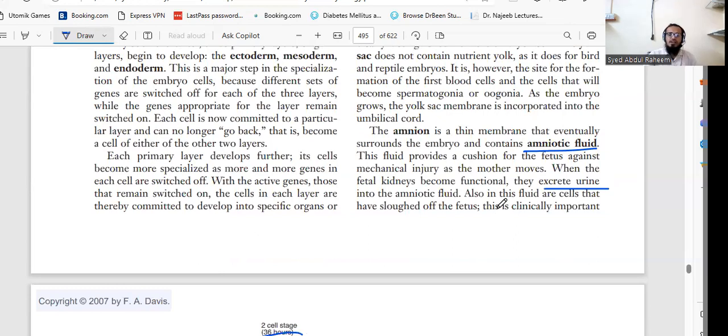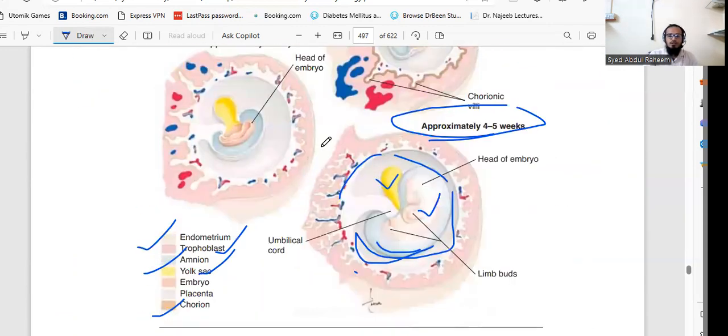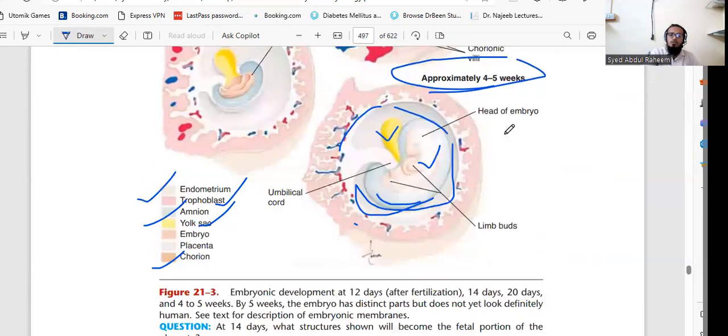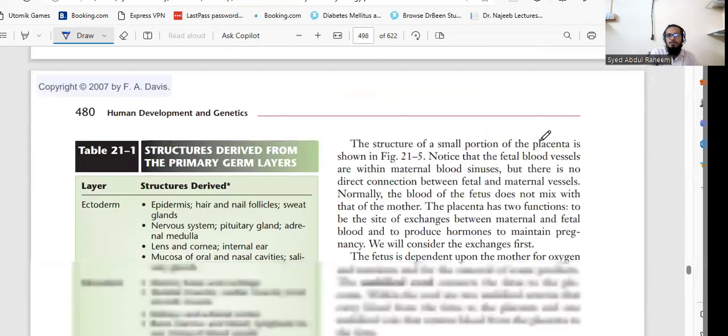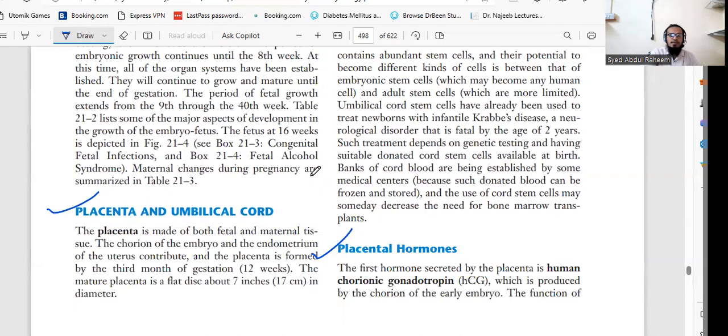To prevent damage to the embryo, we have amniotic fluid. So this is the development of the embryo from the first day to 4 weeks. Next is the placenta and umbilical cord.